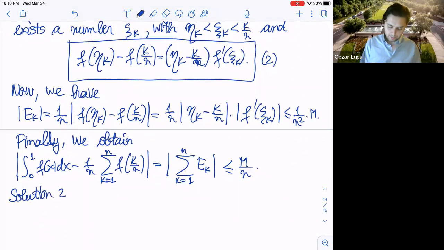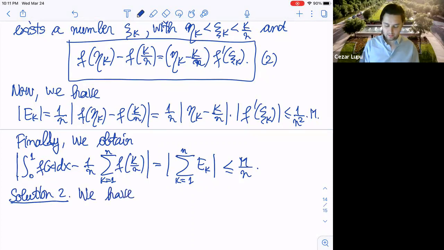So the second solution, solution number 2, again, we will use the mean value theorem for derivatives. And this time we'll do it in a sleek way, but it's much more direct. So we have the following.